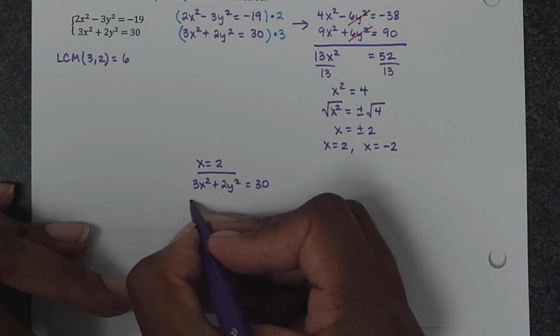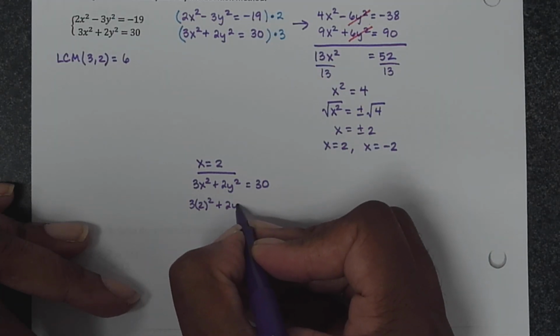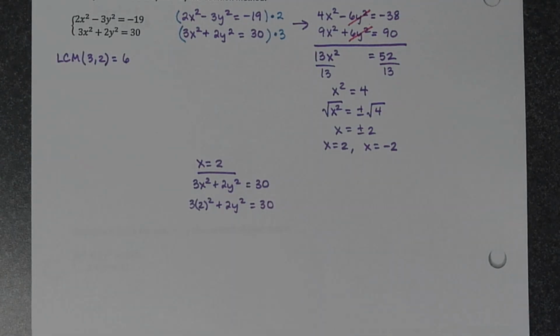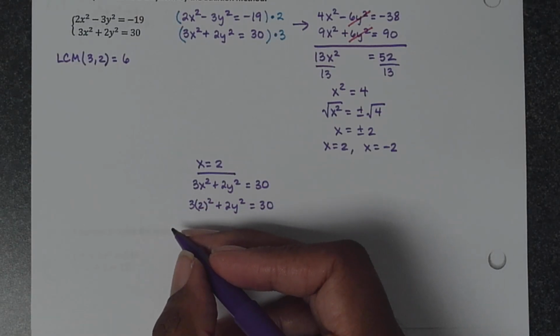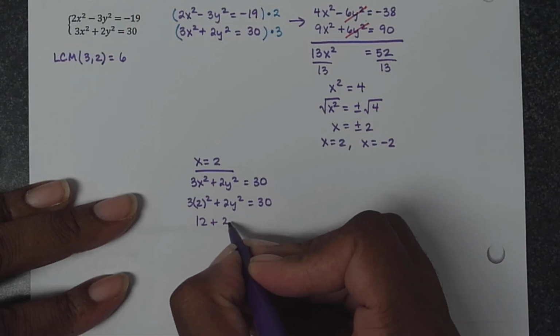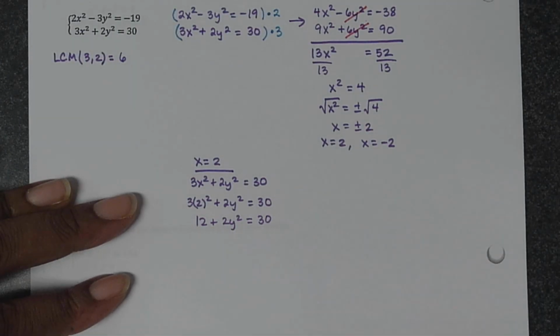Replace the x with 2, so it'll be 3 times 2, and that's squared, plus 2y squared is equal to 30. Now, if I square this 2, that's 2 times 2, which is the 4. 4 times the 3 in front would be 12. So I got 12 plus 2y squared is equal to 30.